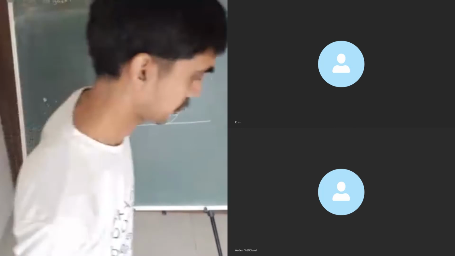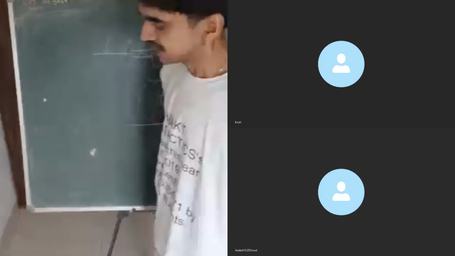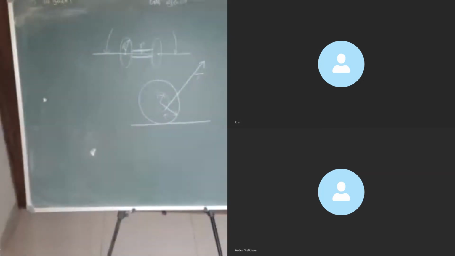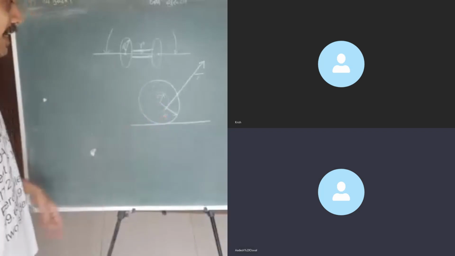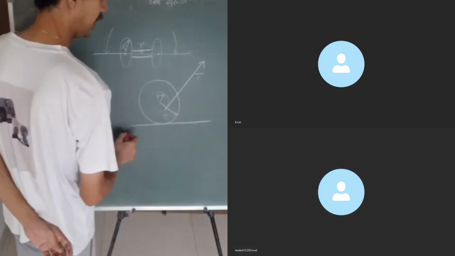The string will unwind making a 90 degree angle with small r. No exception, this angle must be 90.